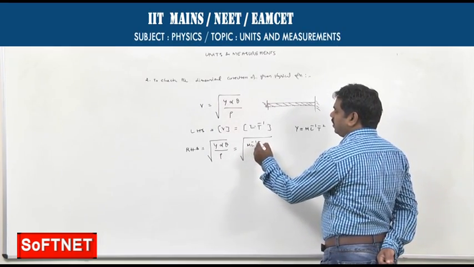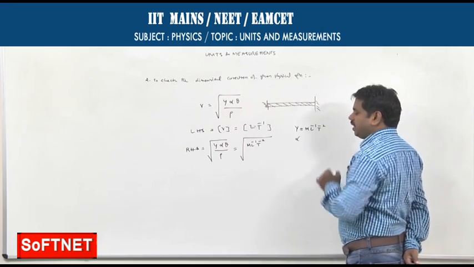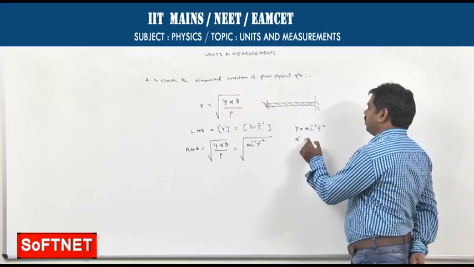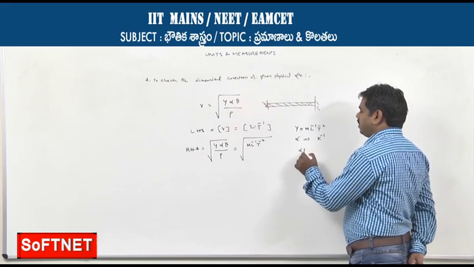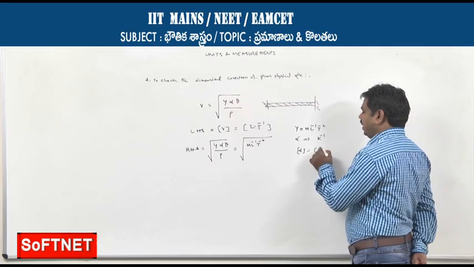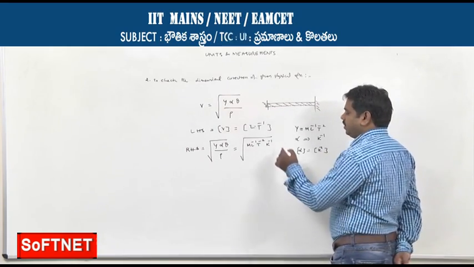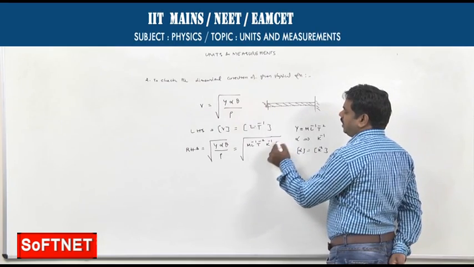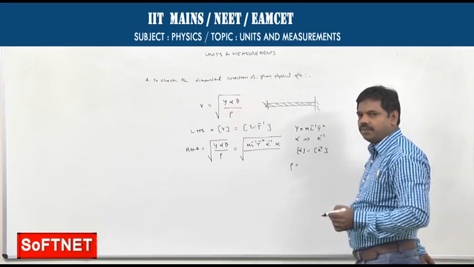The coefficient of linear expansion alpha has unit per Kelvin, so the alpha dimensional formula is K inverse. Temperature dimensional formula is K, divided by the density dimensional formula.